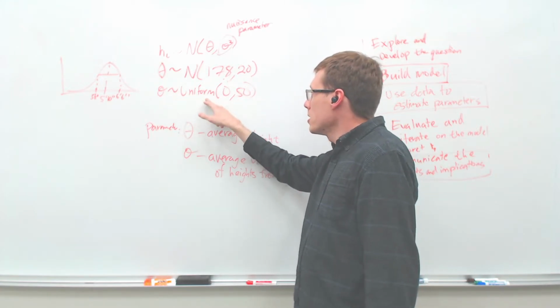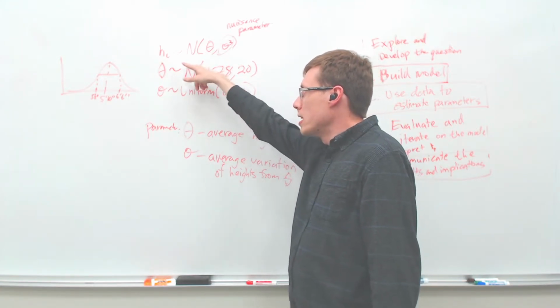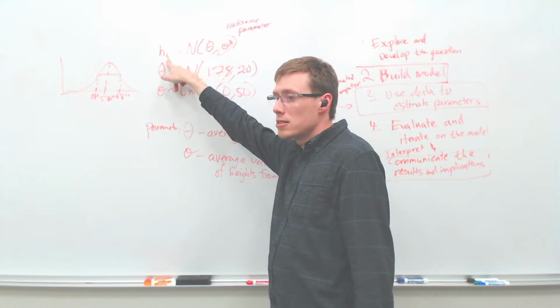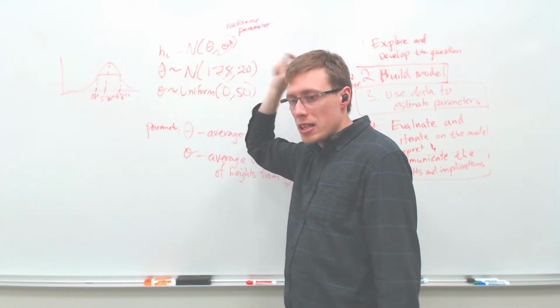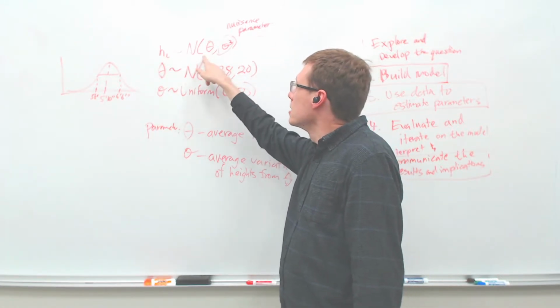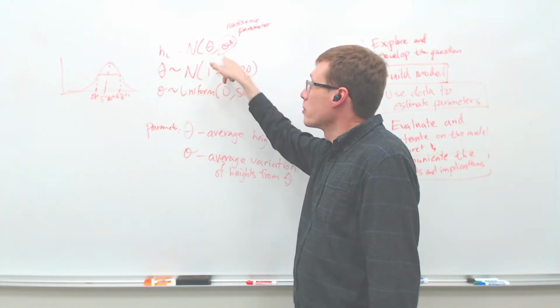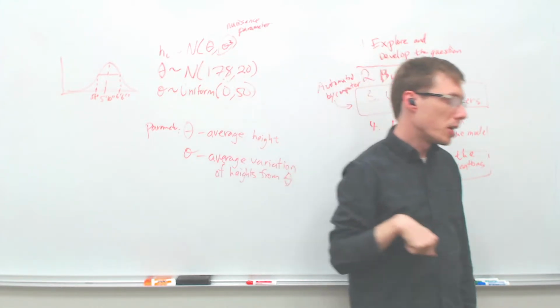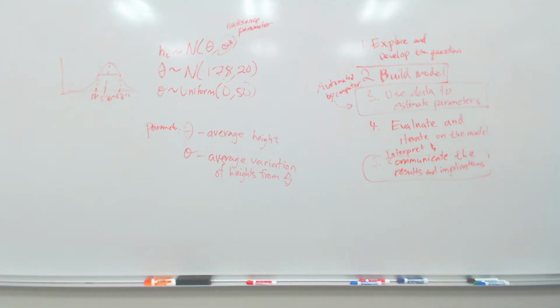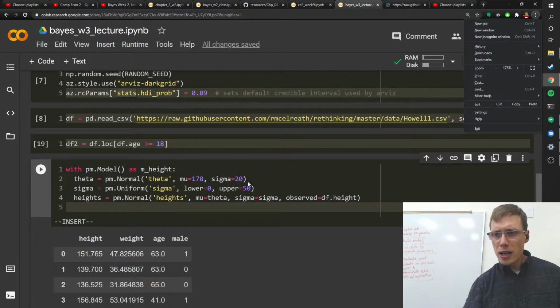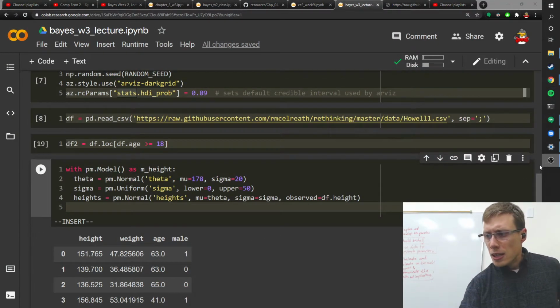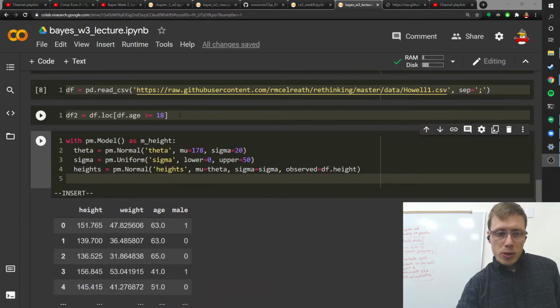The sigma is uniform 0 to 50. And then each one of the heights, the i here indicates a single given height, is going to be normally distributed about our theta with standard deviation of sigma. And so here we go back to the code and we see that's all that we're doing.